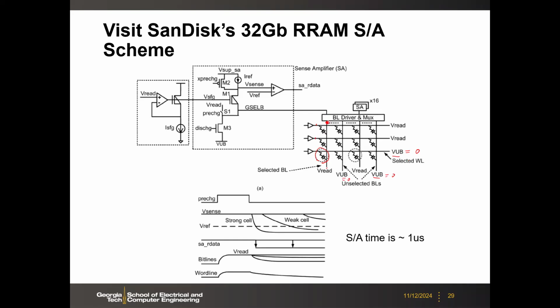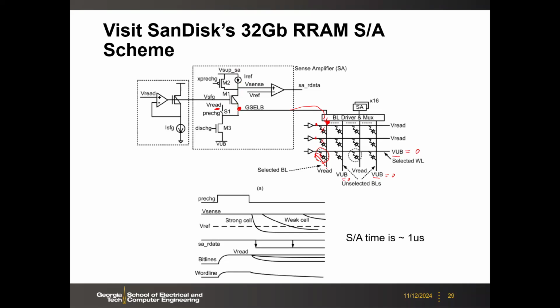But anyway, here you have to pre-charge to V-read, and depending on the resistance here, you are going to discharge fast or slow. For the other, unselected rows, you have to bias to V-read to minimize the leakage through the other cells. Of course, we have to share the SenAmp, so you have the muxes to select. From the SenAmp, we have this V-read voltage and pre-charge to this node, which will be connected here.